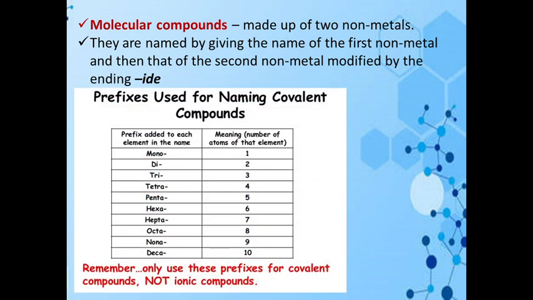In these molecular compounds, we use prefixes for naming. These are the prefixes added to each element in the name. For example, mono means one, di means two, tri three, tetra 4, penta 5, hexa 6, hepta 7, octa 8, nona 9, and deca 10.